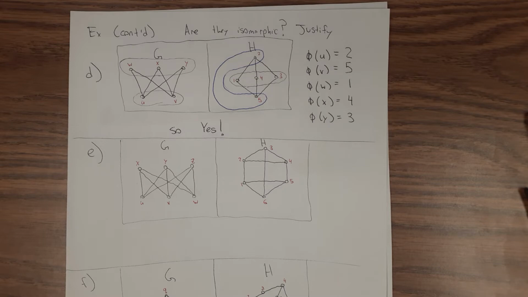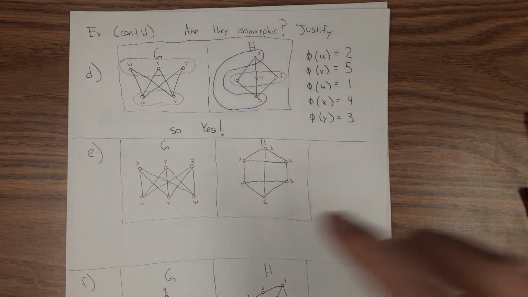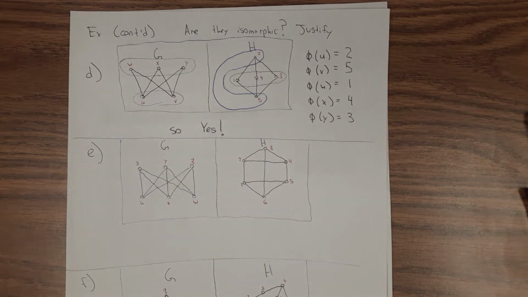But in general, especially if you're talking about large graphs, because the graphs that we've been dealing with, I think these have 6 vertices, and all the graphs that we've dealt with so far have small numbers of vertices, and determining whether 2 graphs are isomorphic is not that difficult if the number of vertices is small.